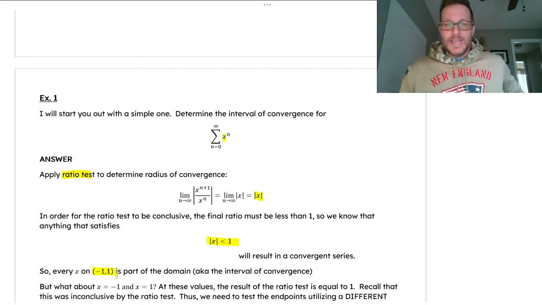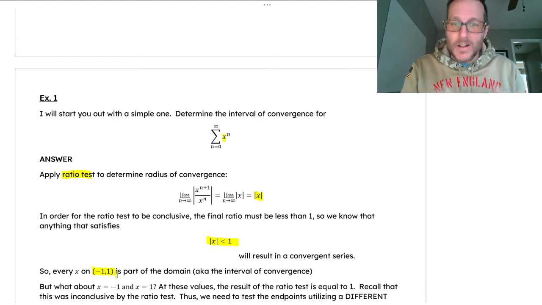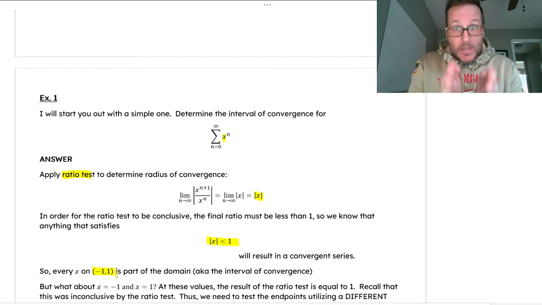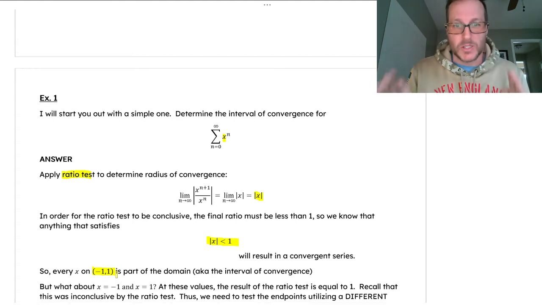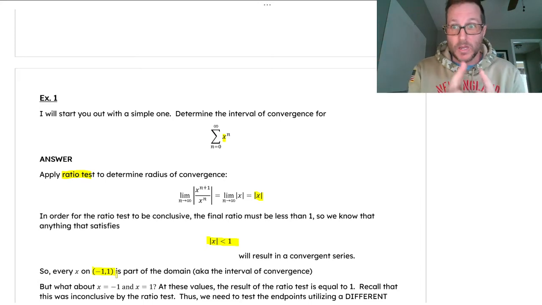So that means the interior of the interval of convergence is -1 to 1. So this is a case, that middle case, right, where we converge for a small window around the center. We can go 1 away from the center and get a convergent series.